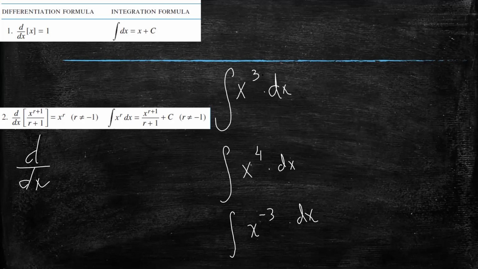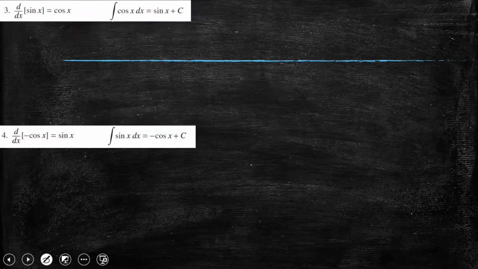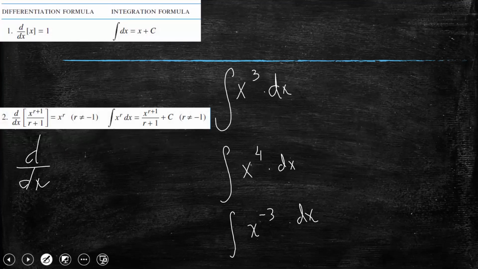So here, d over dx, before that, when I told you about derivation, it's the derivative with respect to x. I want to find the derivative of any function relative to x. Here also, when I want to integrate x cubed, why do I write dx? That means I integrate with respect to x.